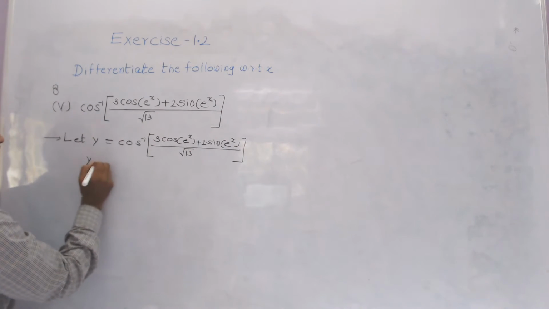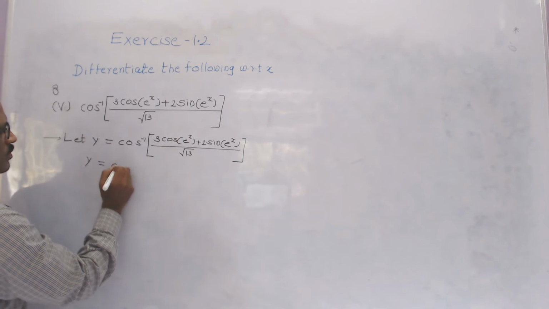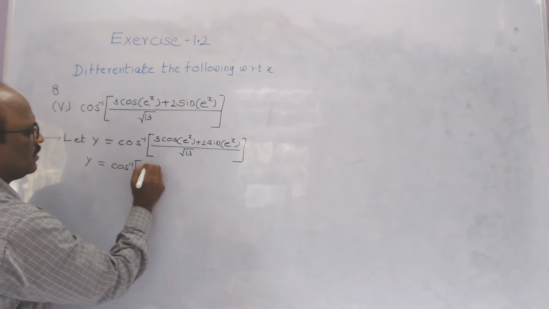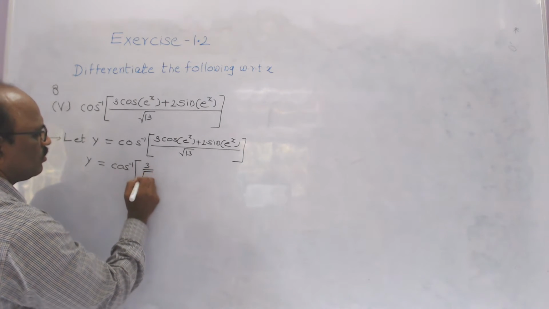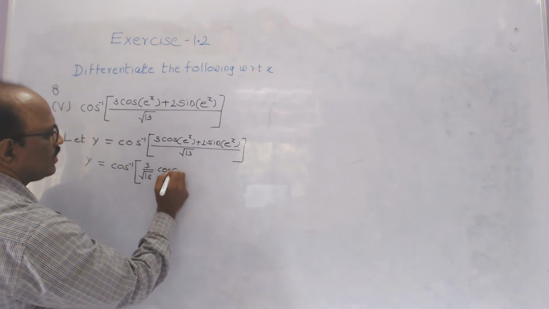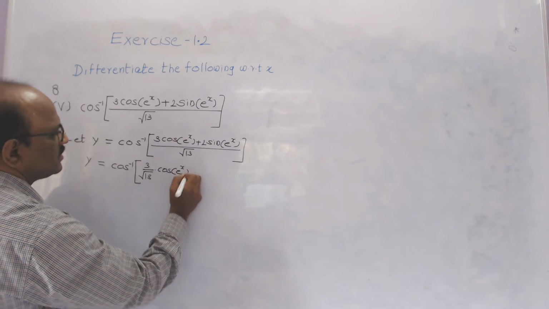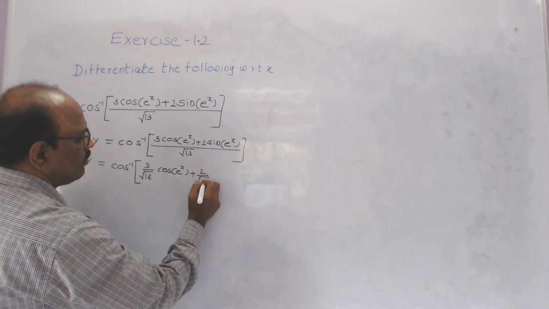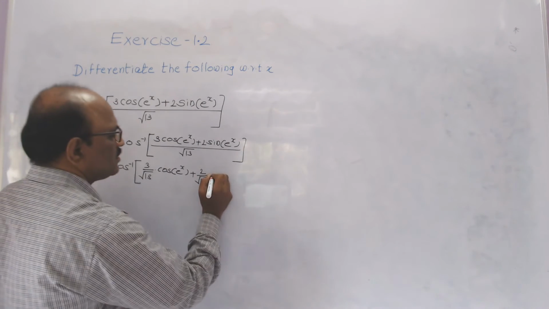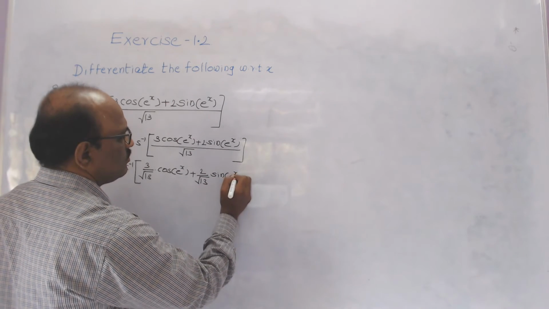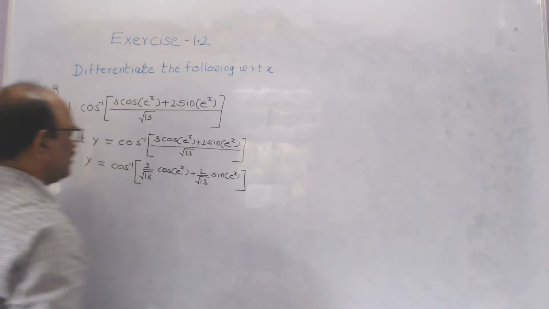Again this can be written as y is equals to cos inverse of 3 upon root of 13 cos of e raised to x plus 2 upon root of 13 sine of e raised to x, bracket complete.